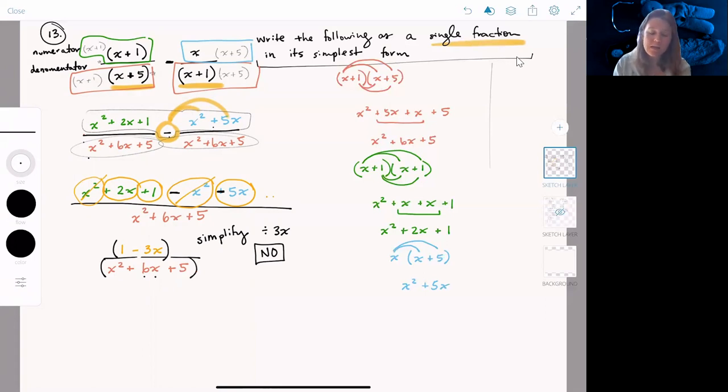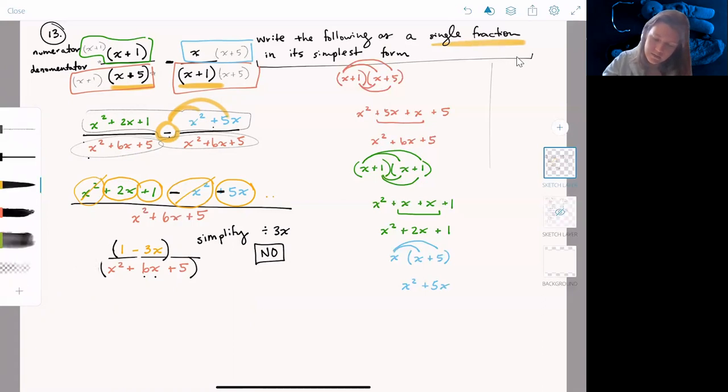So you can't split anything up. If I can take out a GCF from this top and simplify it with a GCF from the bottom, then I can simplify further. But I actually can't do that. There isn't a GCF for the top or the bottom. So this is my answer in its simplest form. Okay?